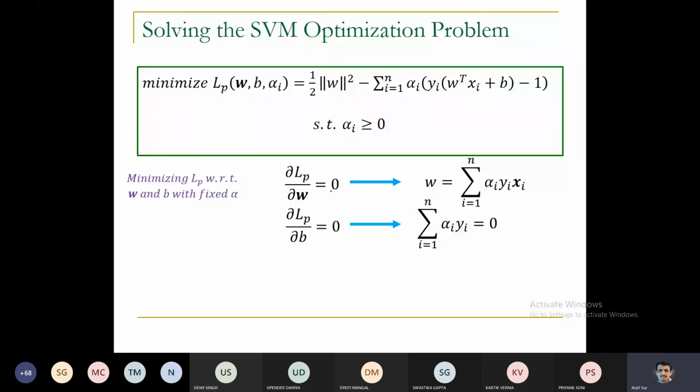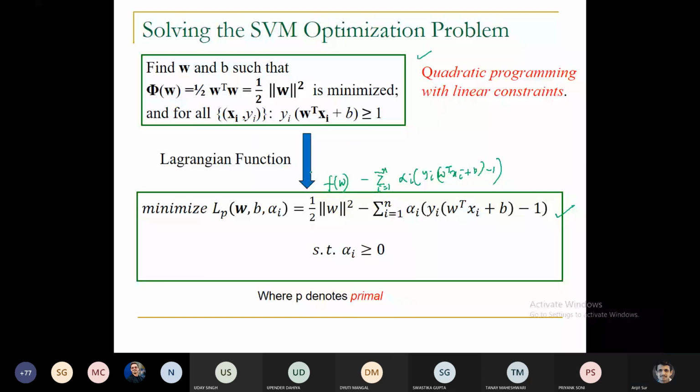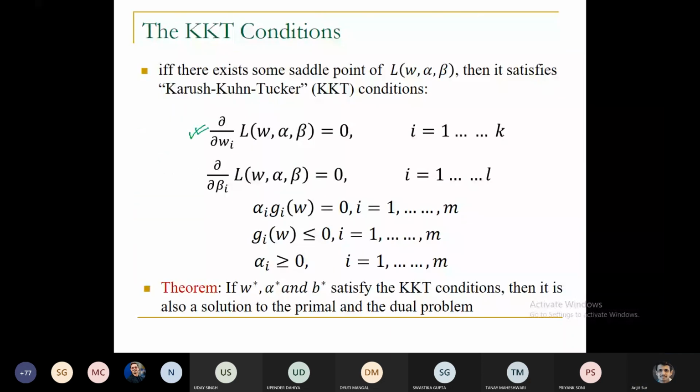It gives w equals the summation i equals 1 to n of alpha_i y_i x_i, and the summation of i equals 1 to n of alpha_i y_i is 0. So these two things we get by taking the derivative, exactly two things we have done.